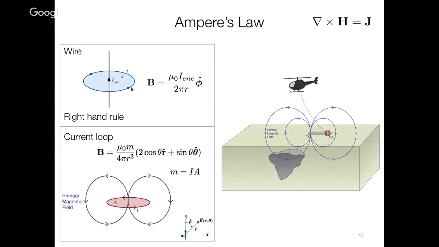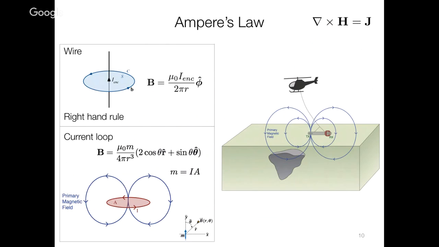So let's look first at Ampere's law. You have a current density, then that's going to give rise to a magnetic field. This operator here is called the curl operator. And really what it means is that things are kind of circulating.